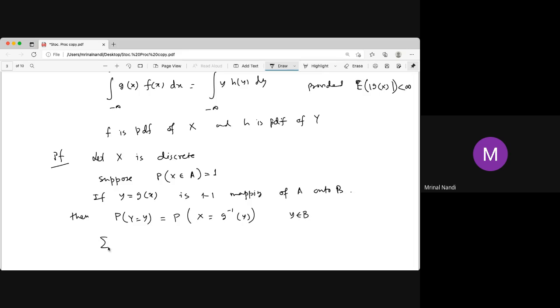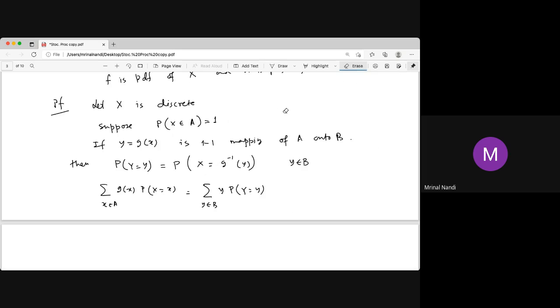Now the sum of g(x) times the probability that x equals x, over x in A, the spectrum of x, is equal to the sum over y belonging to B. Since x belongs to A, then y belongs to B, and g(x) equals y, and this probability of x equals the probability of y, because it is one-to-one. It is also true not only for one-to-one; it is also true for many-to-one, because then the probability that y equals y cannot be written as the probability that x equals a single x.